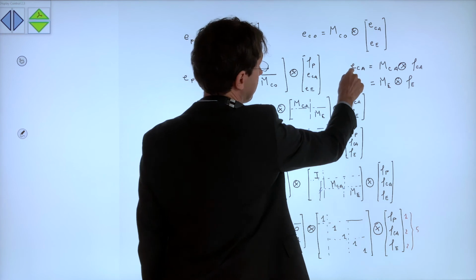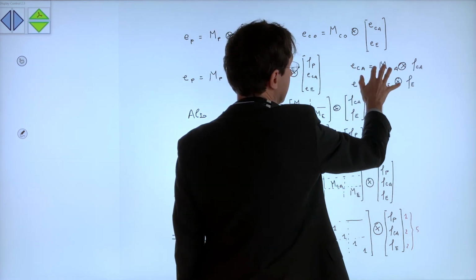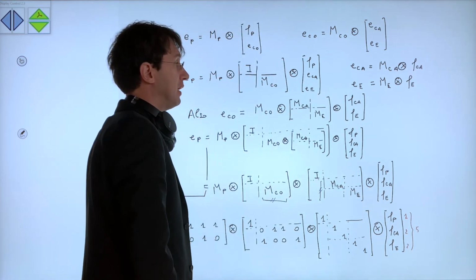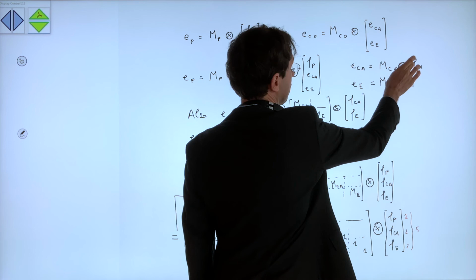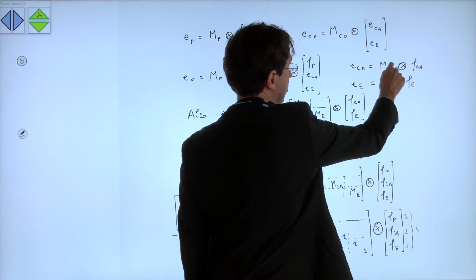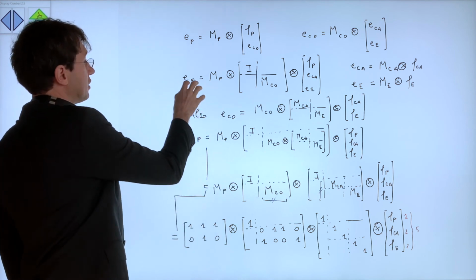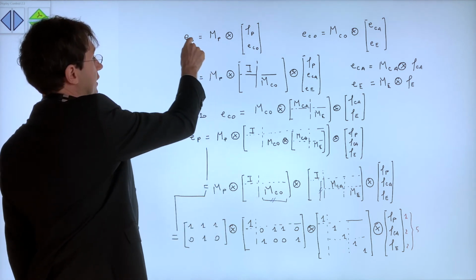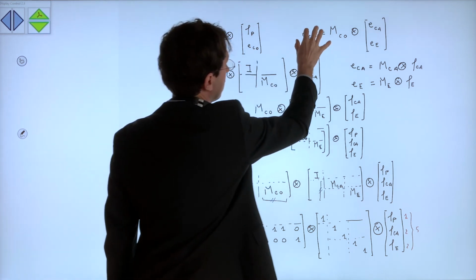Then you also have the effects out of the camera and the effects out of the encoder, and they are both basic low-level components. So here you have only local faults that are multiplied by the local matrix. Okay, so first iteration, we take what we have here for EP, and we replace the effect of the controller with what? With this.